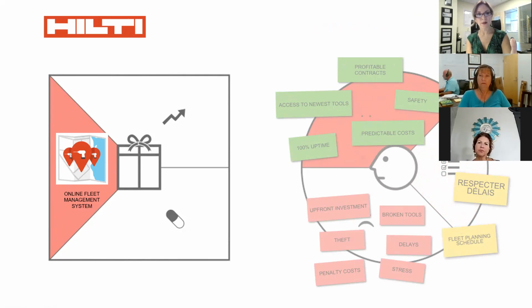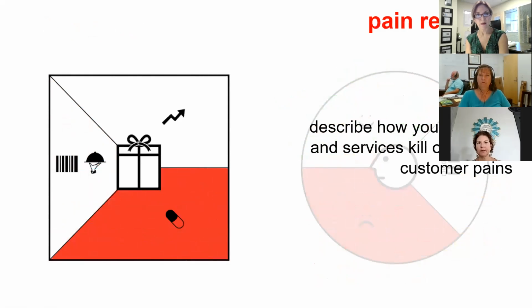This is something they did based on the customer discovery. So that's why it is very important for you to interview your customers, to get to know what the problem is, what the solution is, and how you can fit in with what they're looking for.